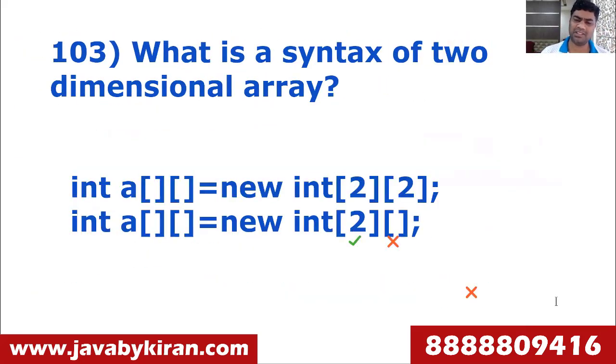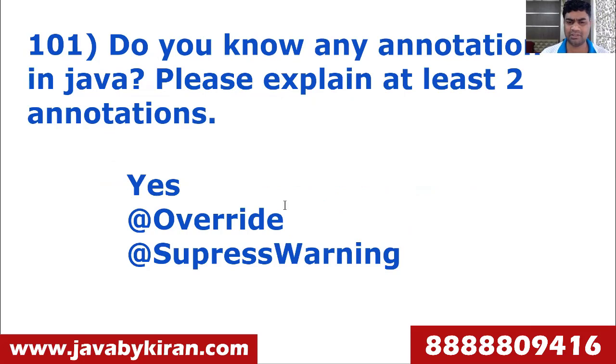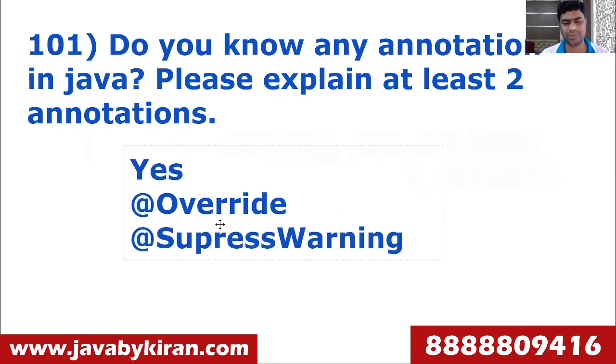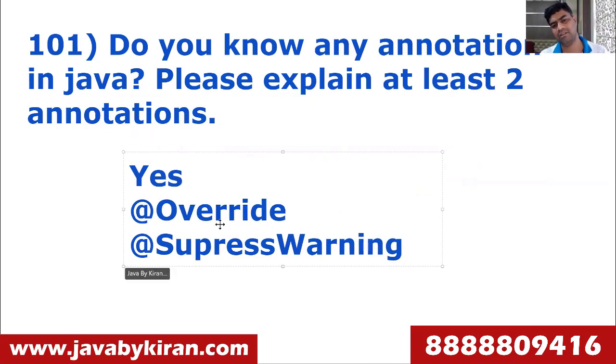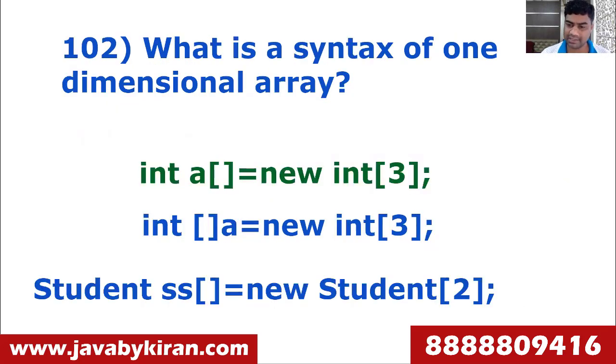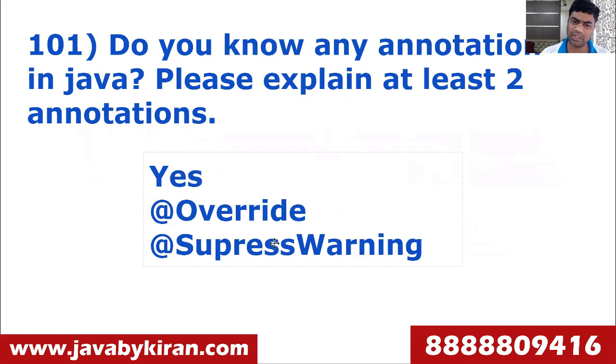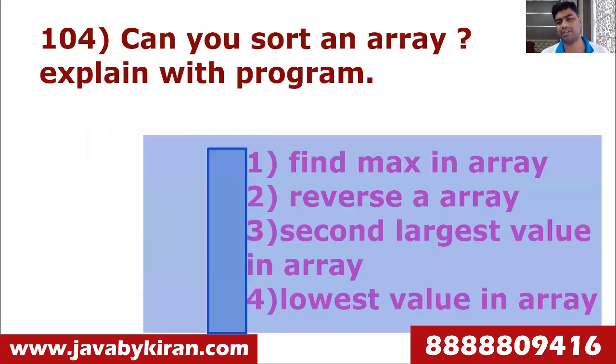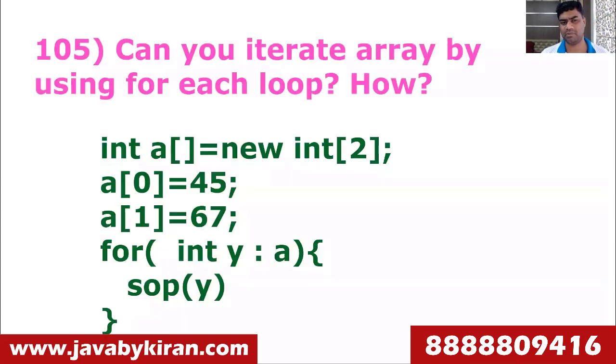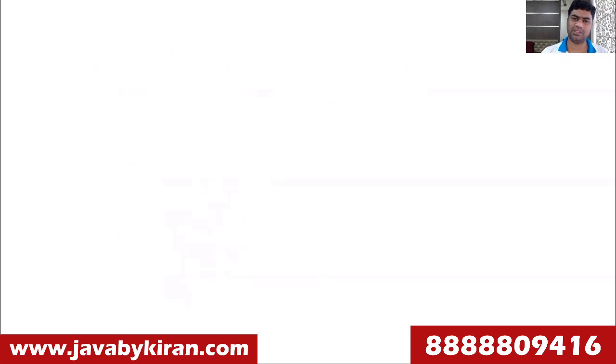Did they ask you the meaning of these annotations? No, they just asked, do you know any annotations in Java? Can you name them? What I said here, one more thing, if you know only one name, that's okay. So very low expectations companies are keeping from the freshers. So I expect and I hope you guys will be following these things.